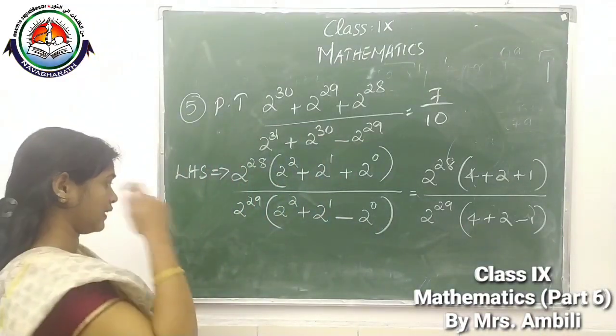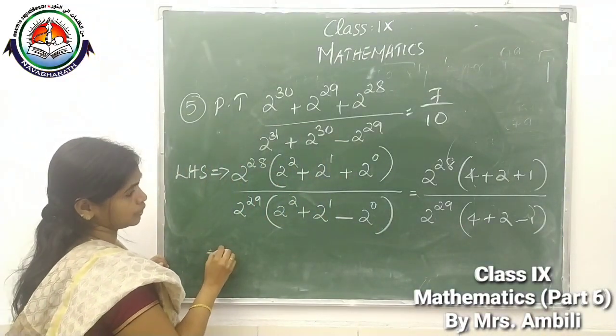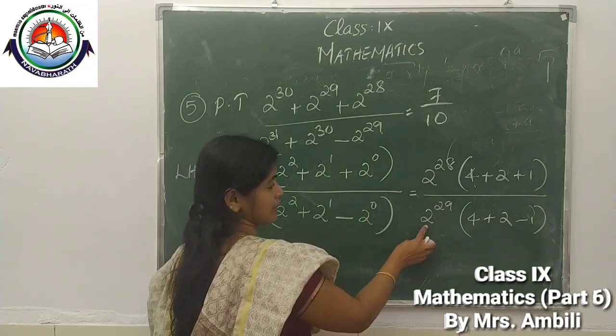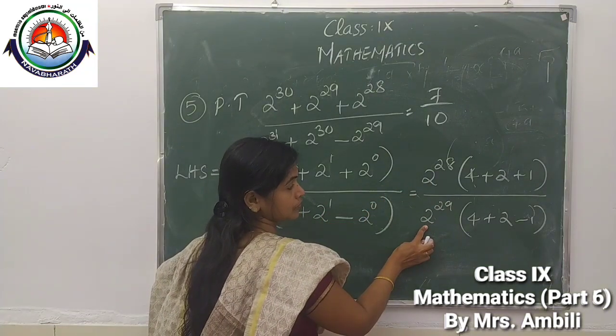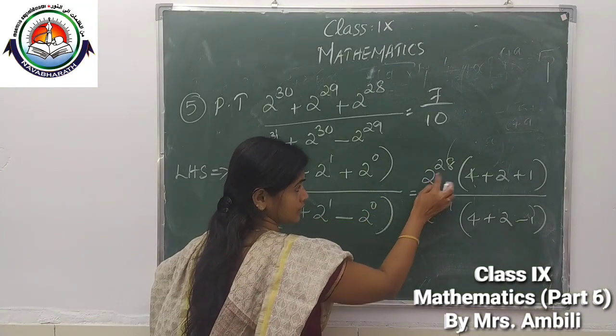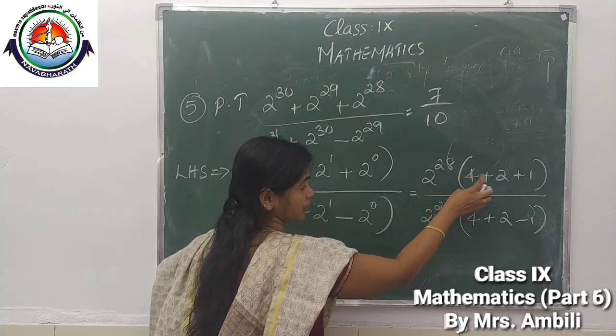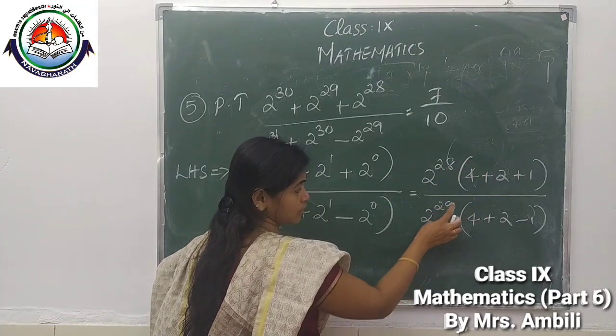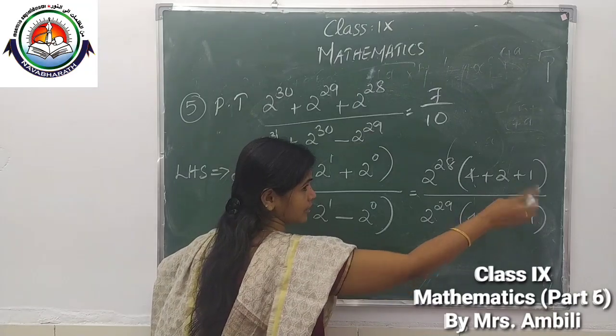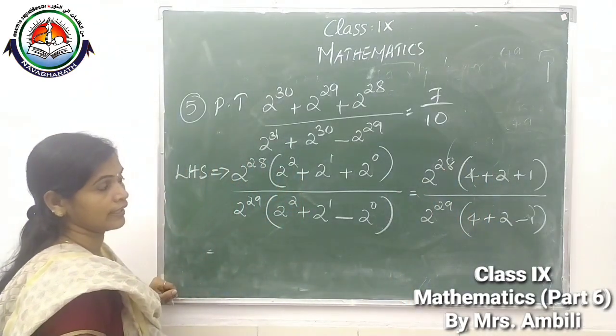Okay, so how can we write? 2^28 and 2^29 is there. 2^28 means 2 into 2 into 2 up to 28. 2^29 means 2 into 2 into 2 etc., 29 times. So we can cancel that.